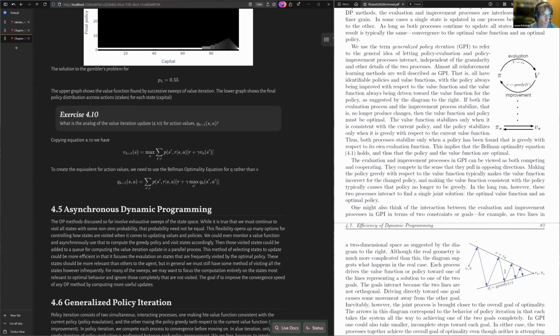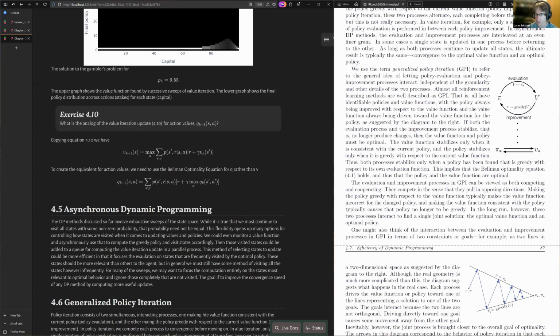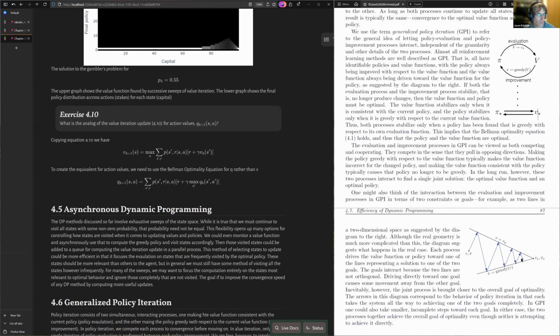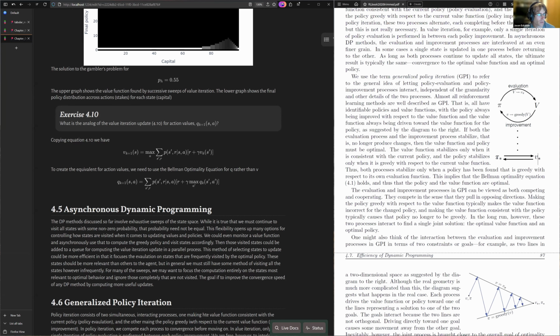But the point is, however we interleave the two processes, they still end up converging to the optimal policy and value function.